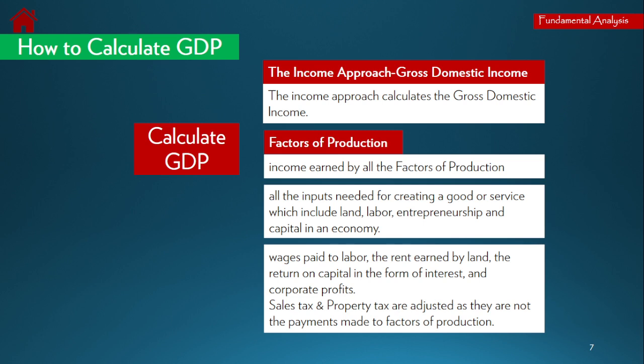And we also look at wages paid to labor, the rent earned by the land, the return on capital in the form of interest, and corporate profits. Sales tax and property tax are adjusted as they are not payments made to factors of production. So this is the income approach for calculating gross domestic product.